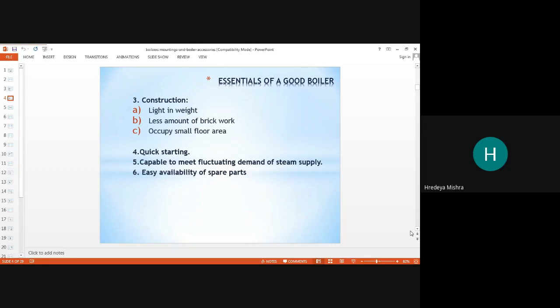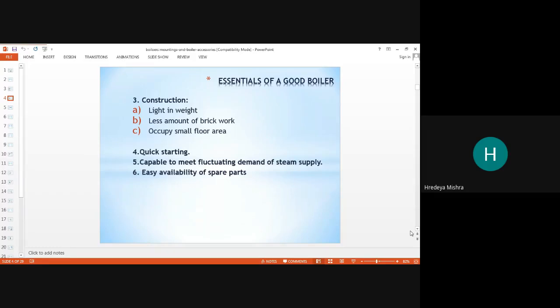It is a big celebration because when the boiler starts, it means work has started. All the sugar mills have boilers and run from the boilers. So quick starting is needed.